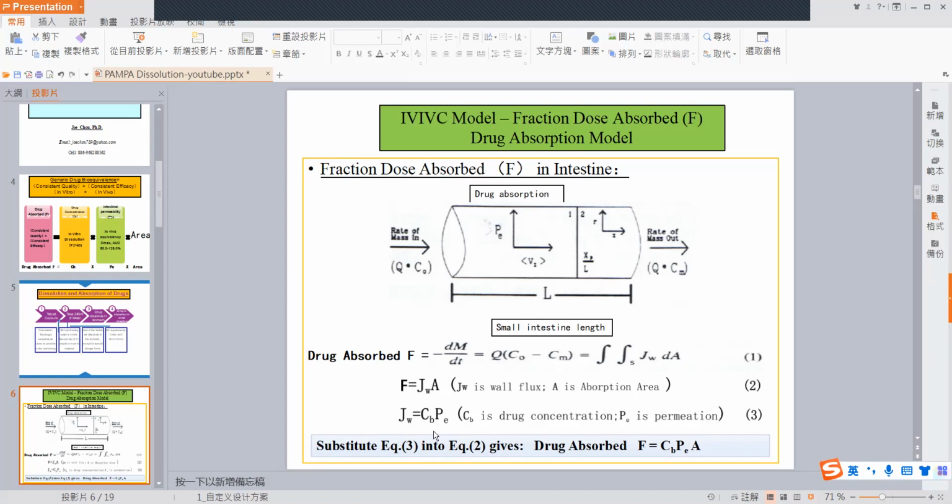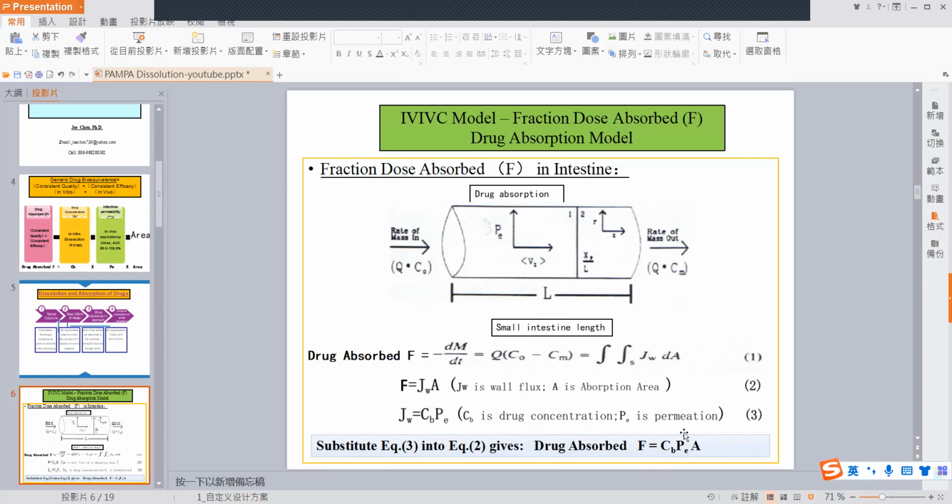Then we need to solve for JW. Fortunately, we found that JW equals CB times PE, where CB is the drug concentration in the GI tract and PE is the permeation of the drug. Substituting equation 3 into equation 2 gives us the drug absorption, F equals CB times PE times A, where A is the surface area of the small intestine.